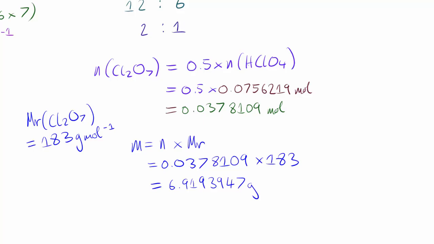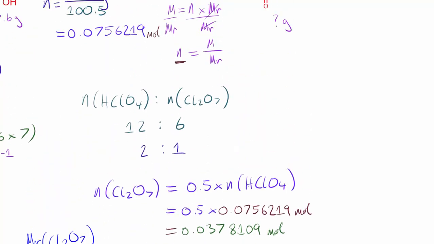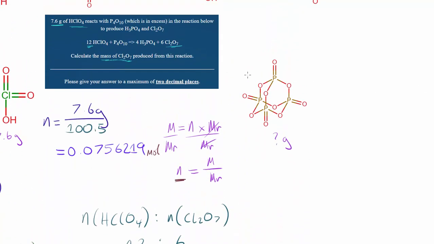Now let's refer back to the question briefly. The question states we need to calculate the mass of Cl₂O₇ produced from this reaction. One of the points which I kind of glossed over, but was thinking about as I was doing this calculation, is that P₄O₁₀ was stated in the question to have been produced in excess, right?